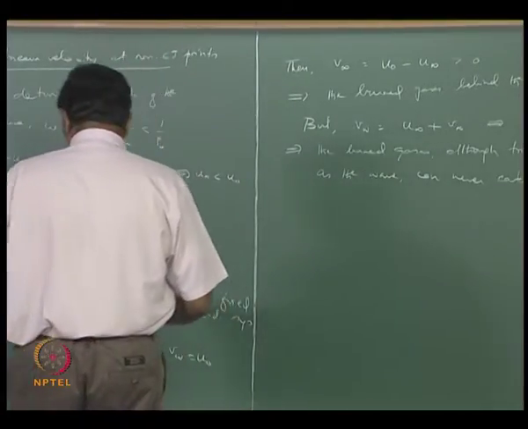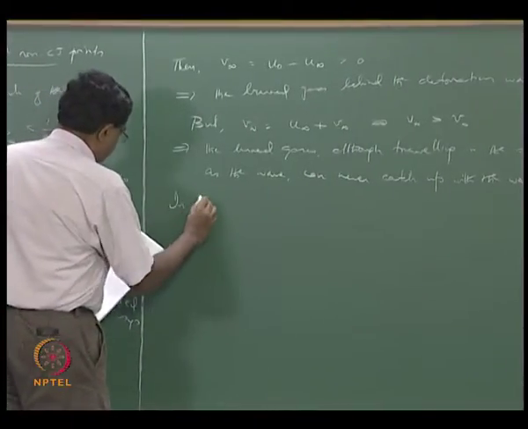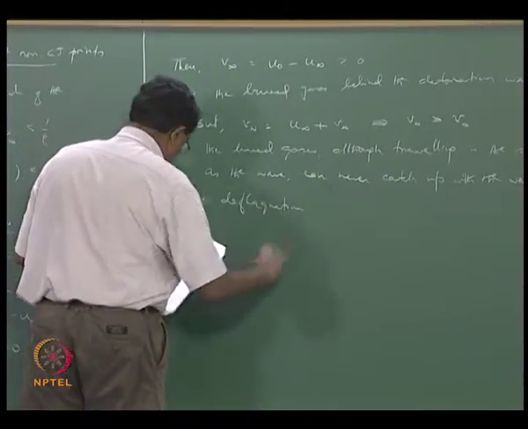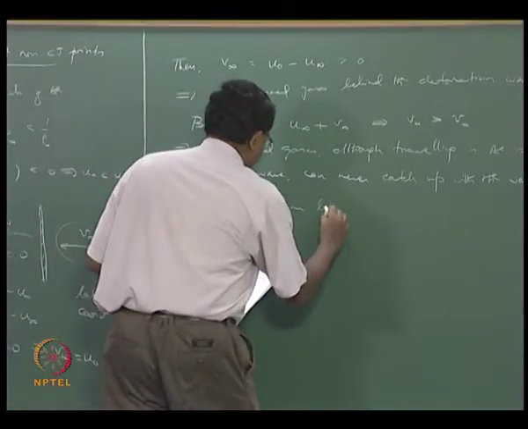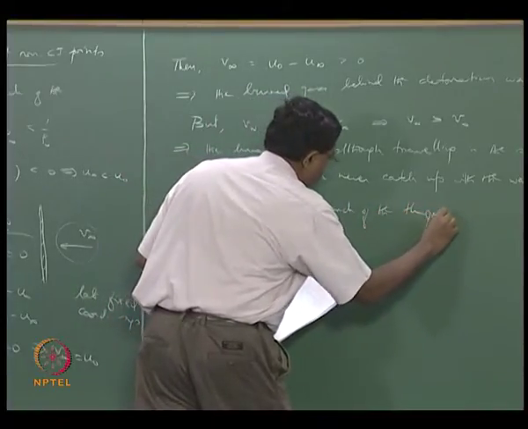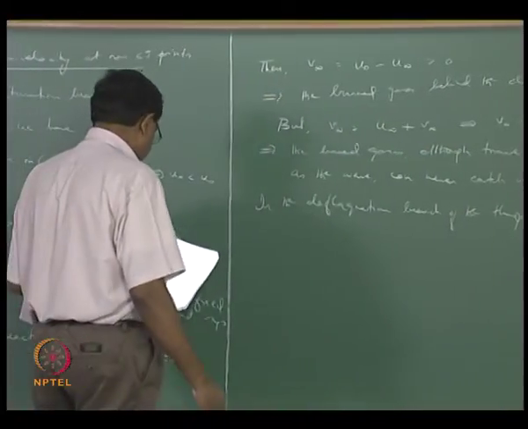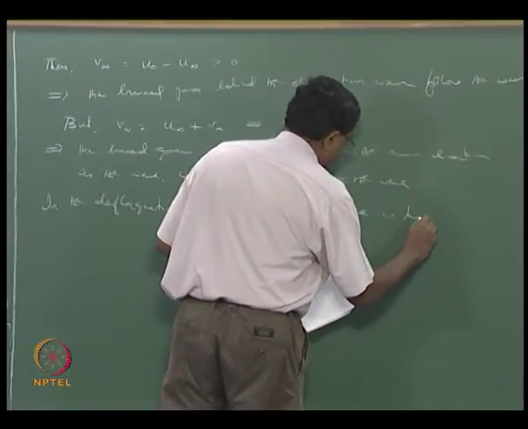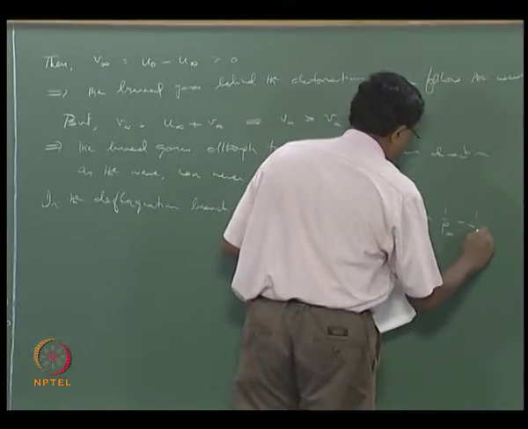What happens when you now have a deflagration? So in the deflagration branch of the Hugoniot curve, we have 1 over rho infinity minus 1 over rho naught.